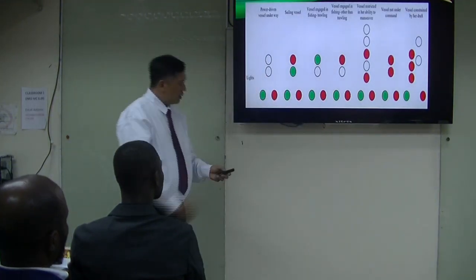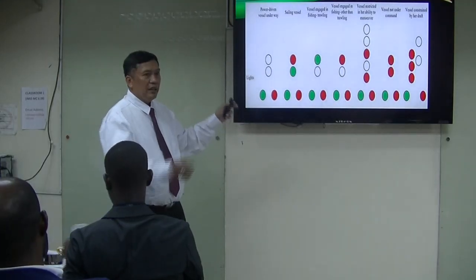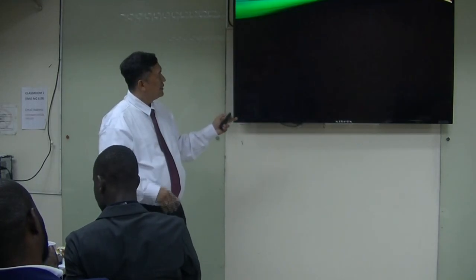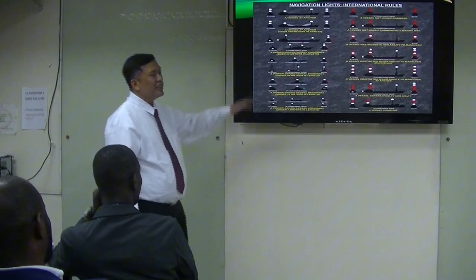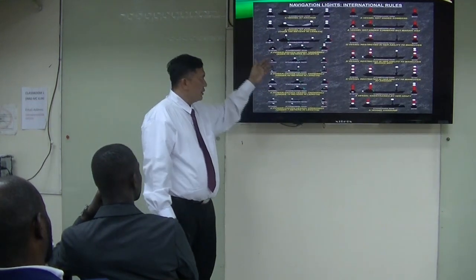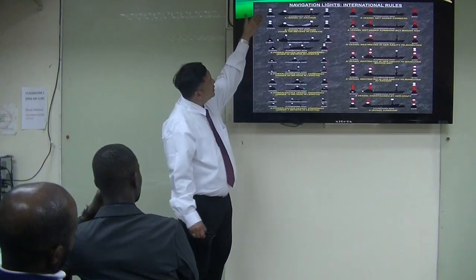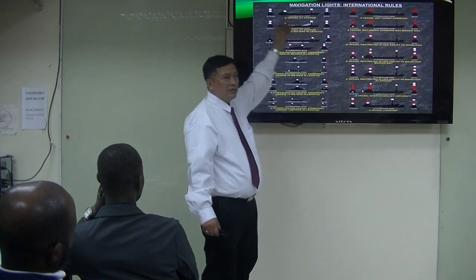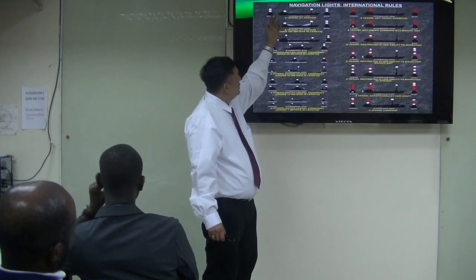Okay, so I will show you another picture of it with the vessel appearance. So here you can see clearly now what I mean with that picture. You can see here where they're facing. Here you can see this is a vessel at anchor. So navigational lights are 360.